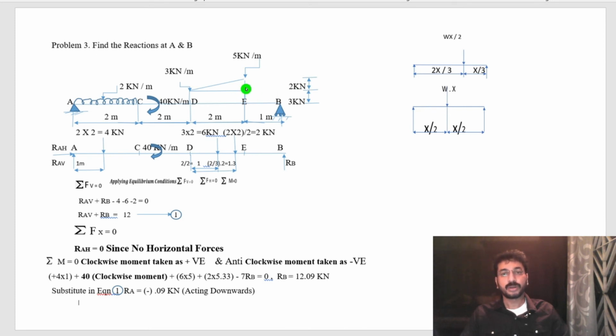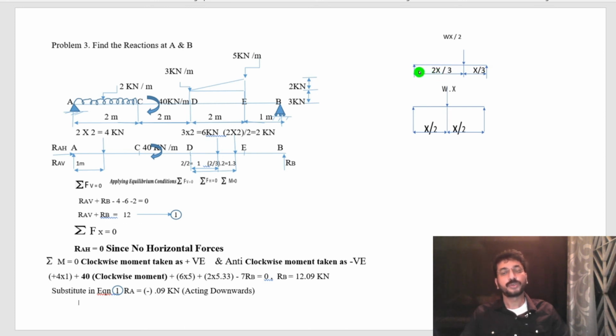We know that in the case of a UDL, the resultant is the magnitude W into x, acting at a distance x by 2 from either side. In the case of a uniformly varying load, the resultant will act at a distance x by 3 from the big end of the uniformly varying load, otherwise at a distance 2x by 3 from the lower end.